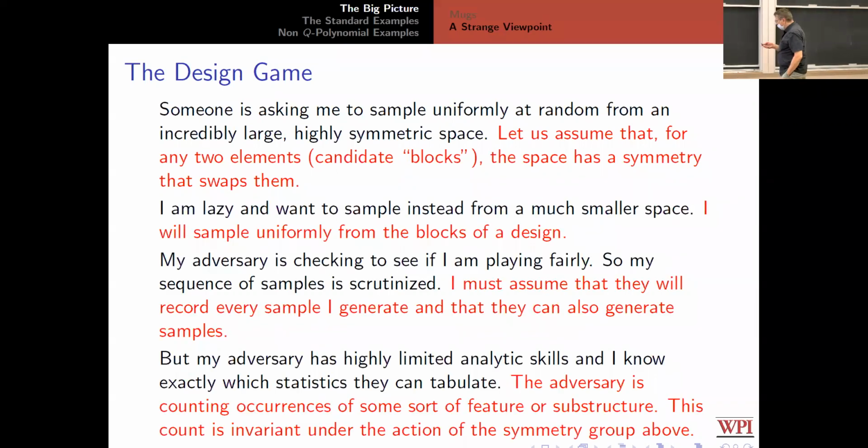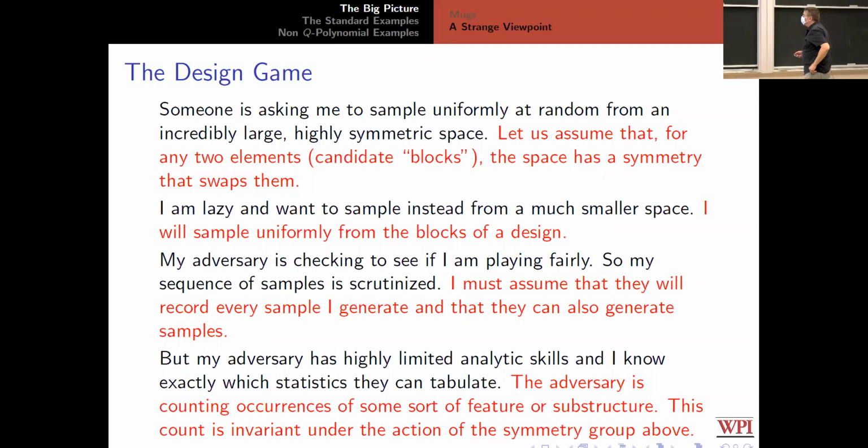Okay, so I'm lazy, and instead of sampling from the entire space, I'm going to sample from a much smaller space, the blocks of a design. And the adversary is watching to see if I'm playing fairly, and so she is just checking each sample to see that it matches the statistics that she would see from the entire space.